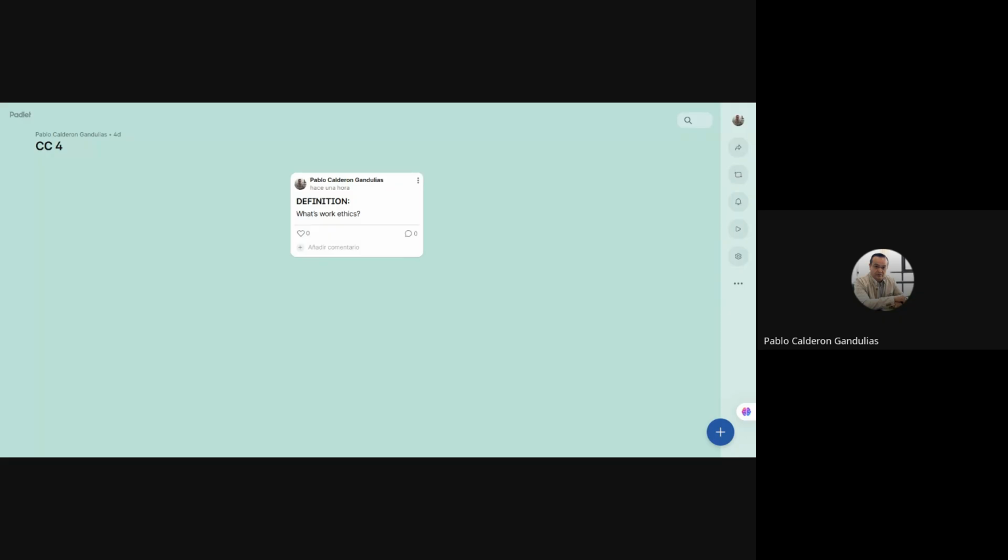Work about your definition. And after, upload your definition in this Padlet, okay? One definition per group. You have 10 minutes. The Padlet link is in the chat. Come on, guys, go into your group, please.